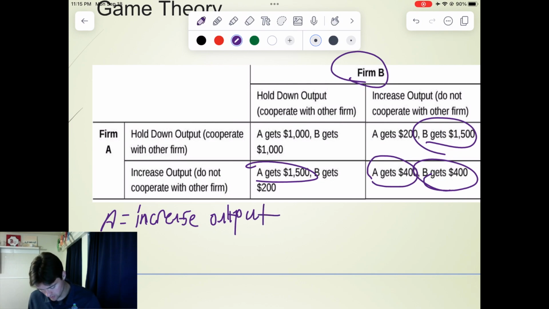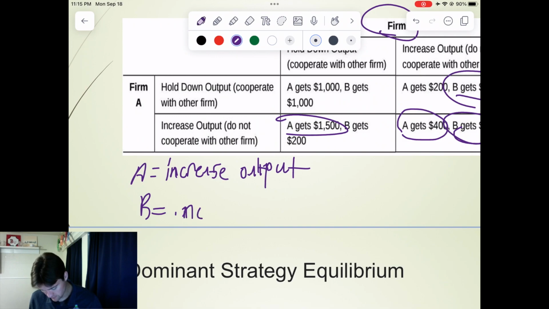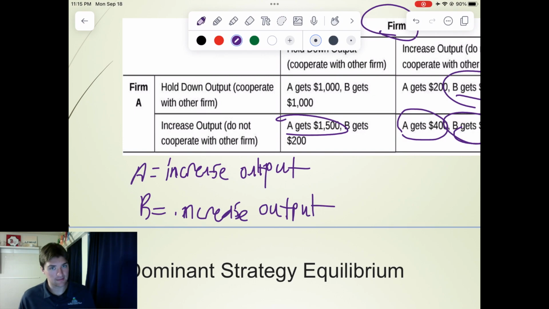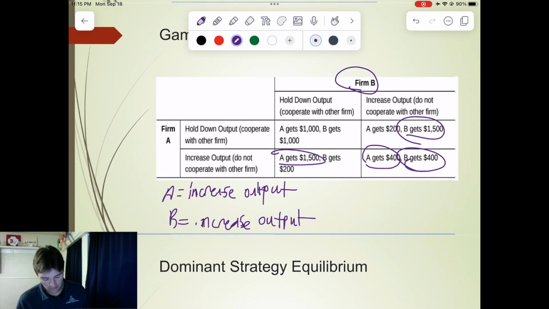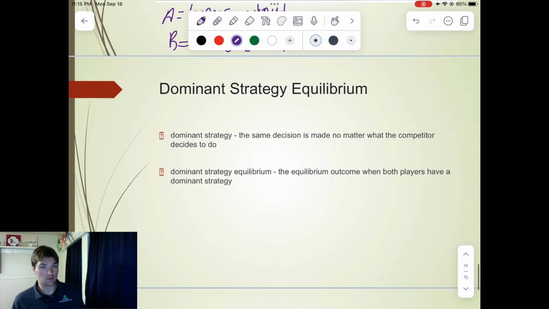And B would increase output as well. Okay? Which leads to the next thing, which is a thing called the dominant strategy equilibrium.